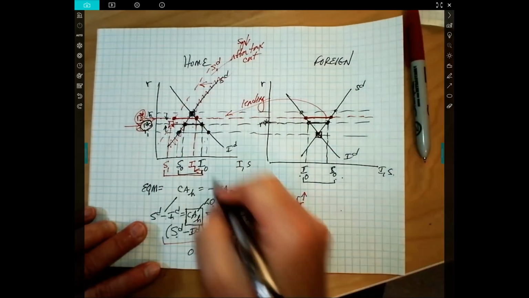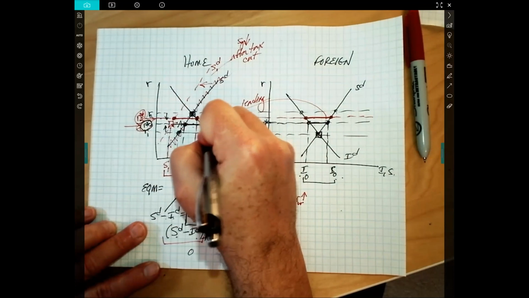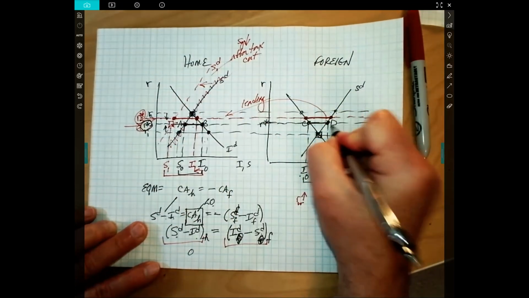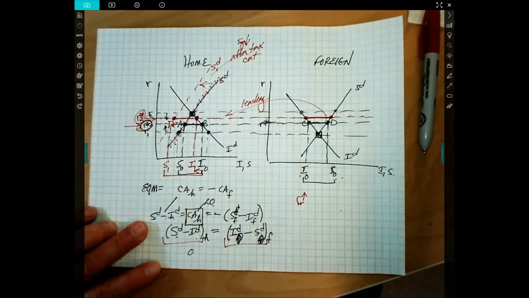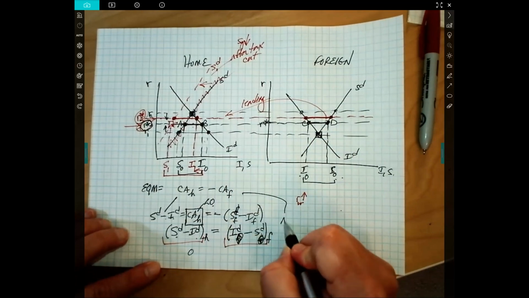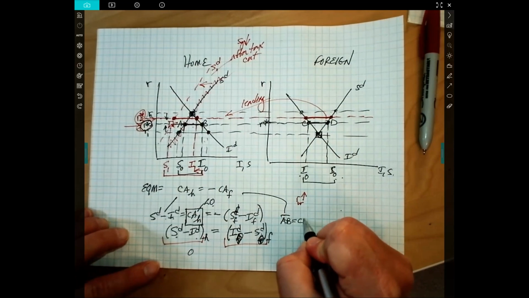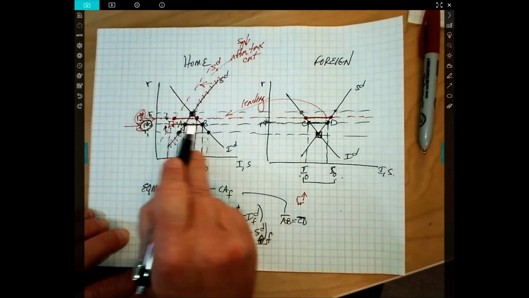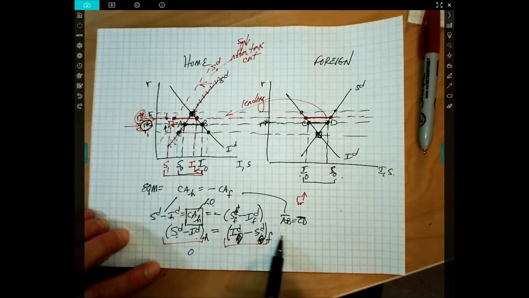So let's just go back for a second. Let's call this A, this point B, this C, that D. So to begin with, AB, that distance, if we go back to 9th grade geometry, is equal to CD. That distance is equal to that distance.